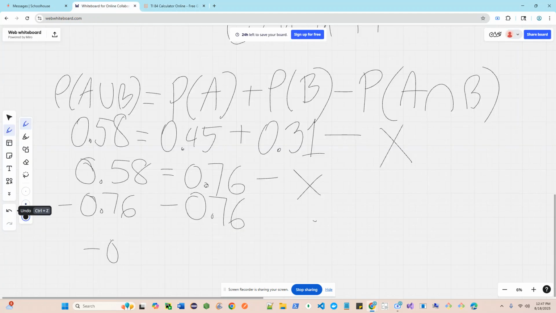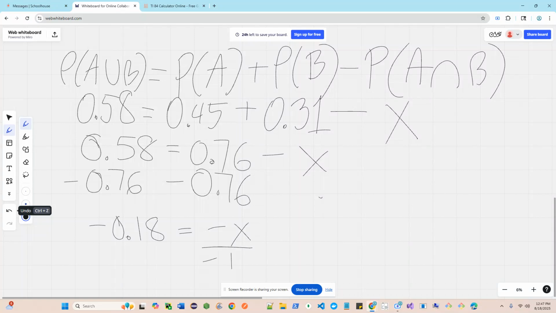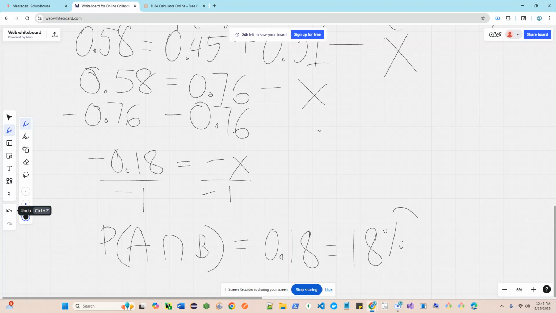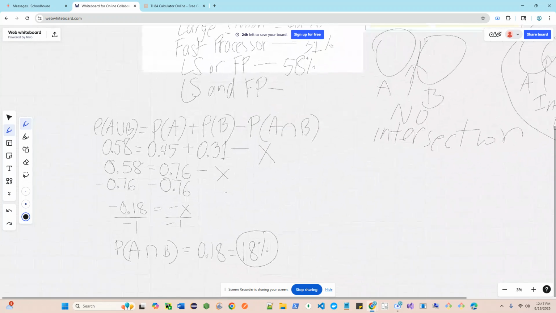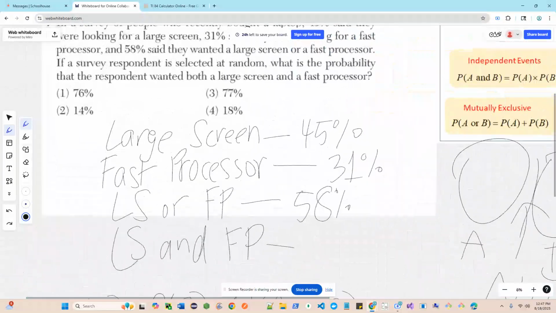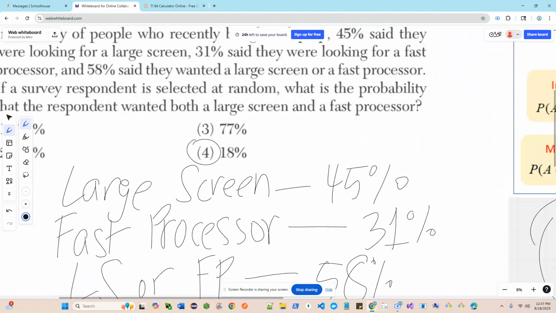Negative 0.18 equals negative X. Let's divide both sides by negative 1, and we get probability of event A and B equals 0.18, which is 18%. Therefore, the answer is choice 4.